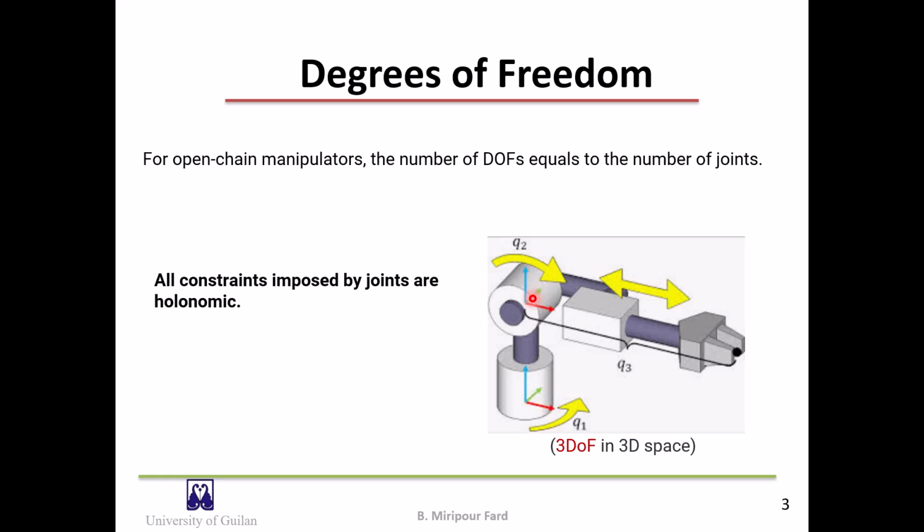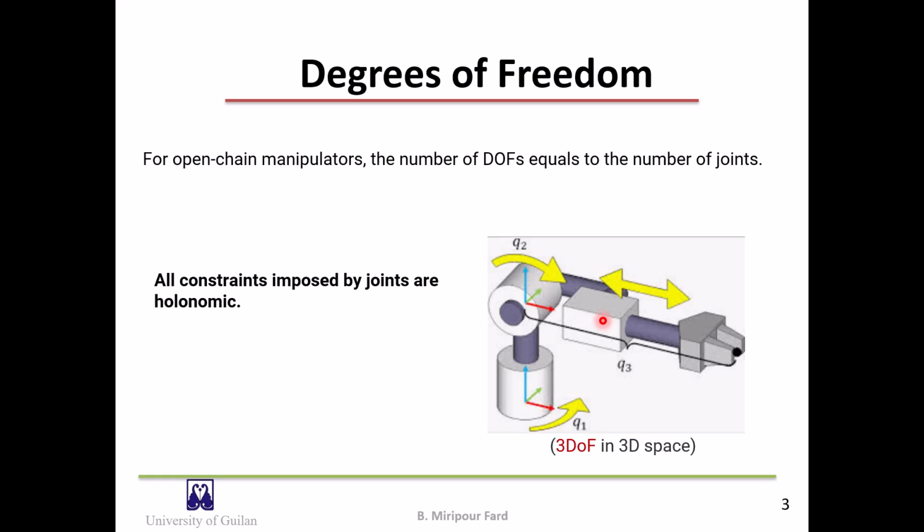As we have seen on the previous slide, a 1 degree of freedom revolute joint creates 2 constraints in the plane, and in 3-dimensional space it creates 5 constraints. For an arm robot, by counting all the degrees of freedom of the links and subtracting the number of constraints of all joints, the number of degrees of freedom is obtained.